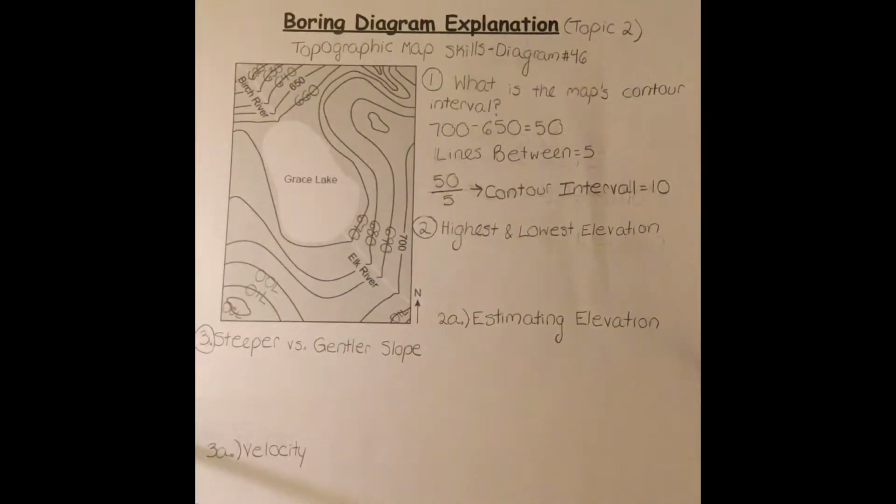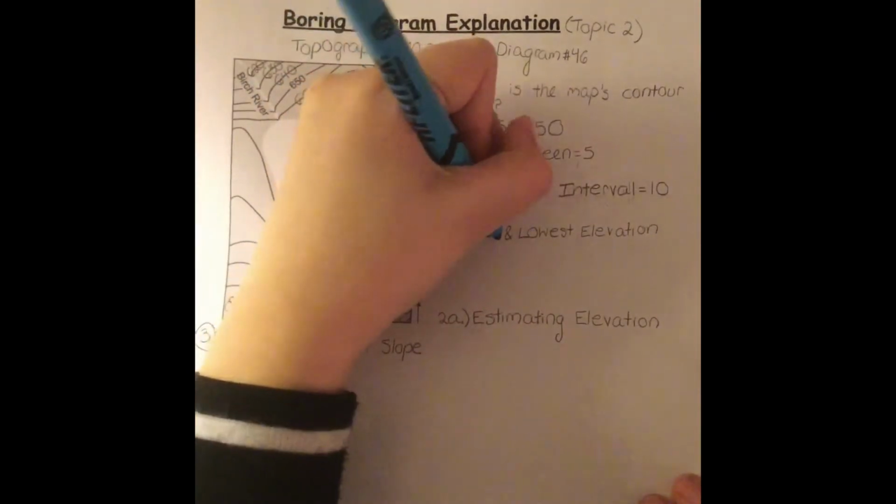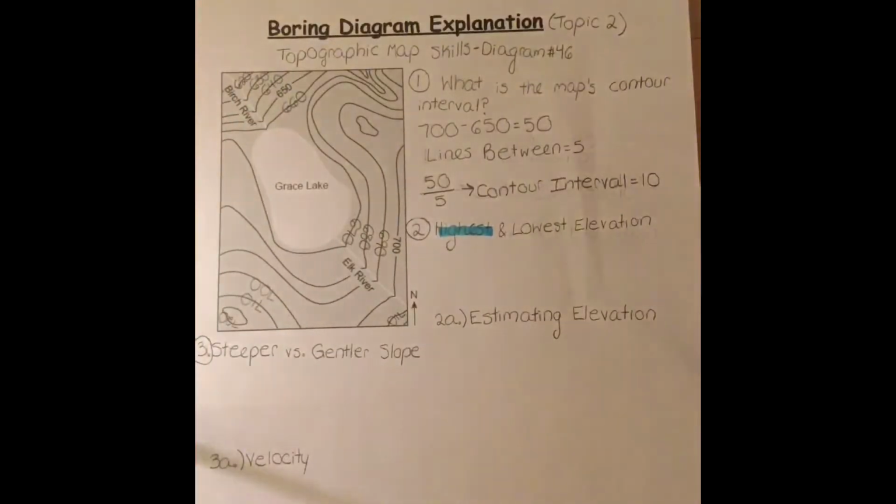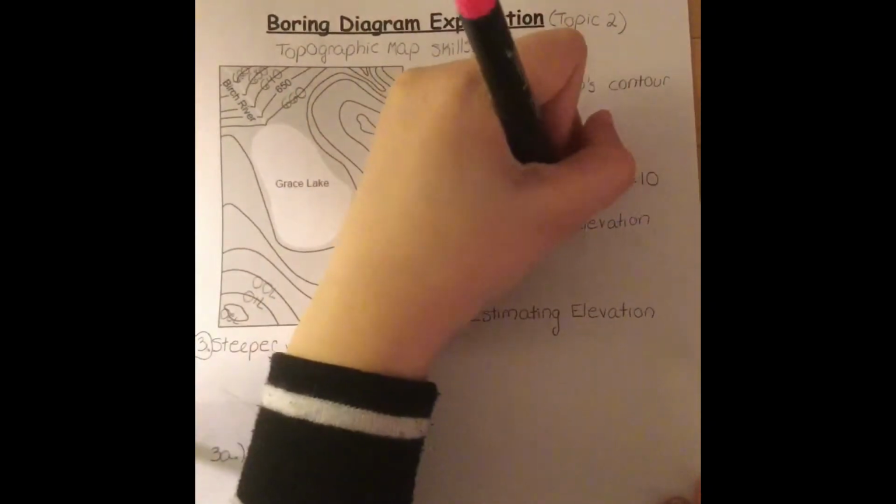So now we can look at this map and find the highest and lowest elevation. The highest elevation I'm going to represent in blue, and the lowest elevation in pink.